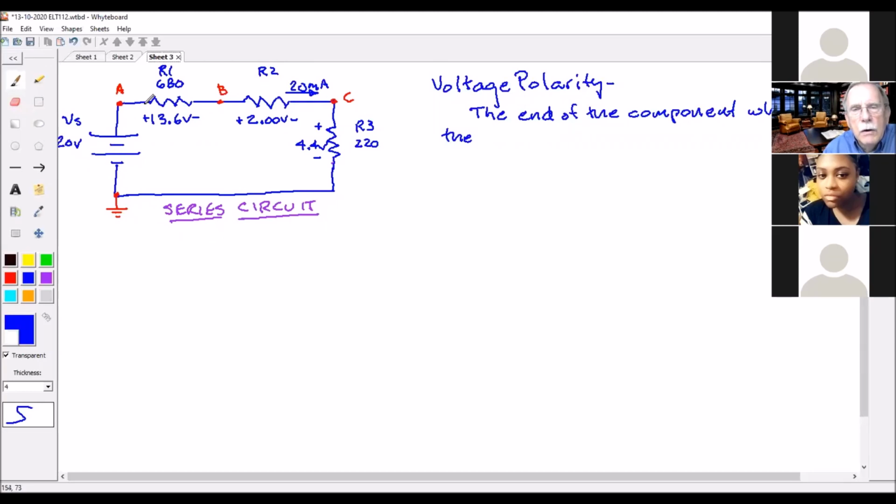The end that the current enters is the more positive end, and the end where it leaves is the more negative end. So the end of the component where the current enters is the more positive end.